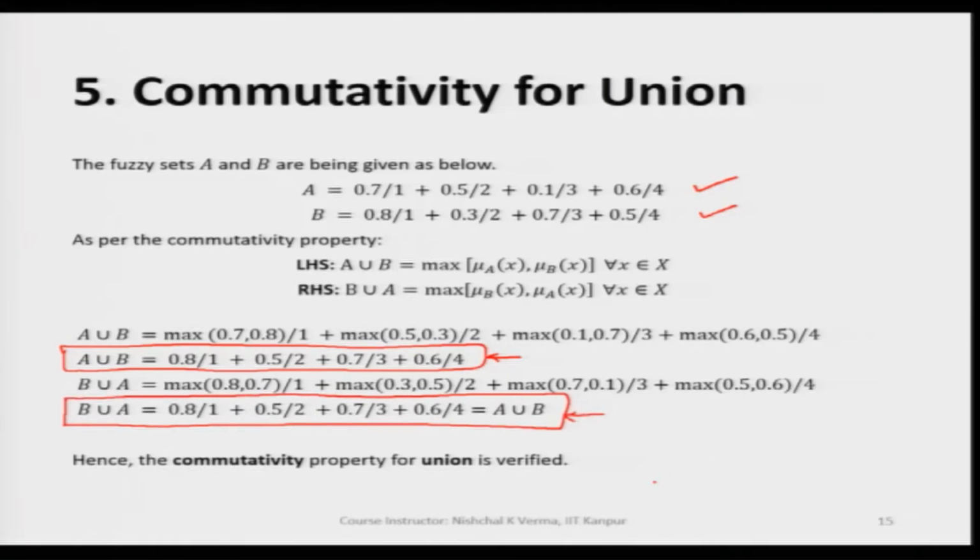So, we can clearly see that all the elements of A union B and B union A are same. So, we can clearly say here that these two fuzzy sets are equal. So, when these two fuzzy sets are equal, we can very easily say that the commutativity property for union is verified.